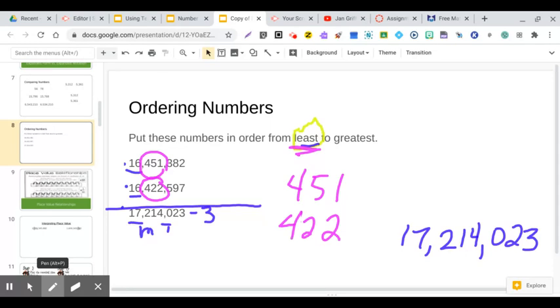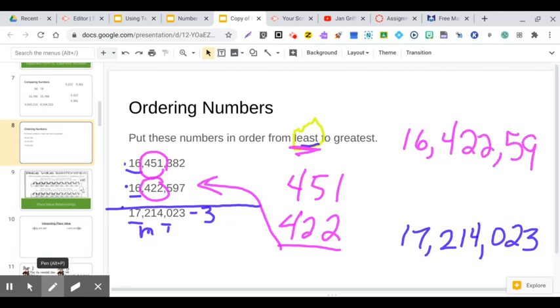I bet you said 422. That means this number is the smallest. So 16,422,597 is the smallest number. And it means our 16,451,382 is the middle number.